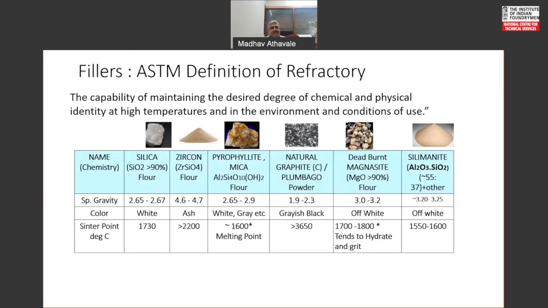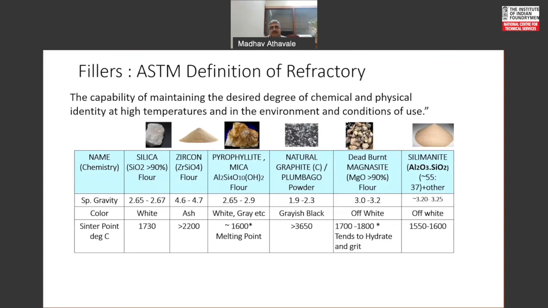Pictures of minerals which get used as fillers. Silica is quite common, especially for iron castings. Zircon, as we saw earlier, we saw it in terms of sand. Now I'm talking about it used as a filler. Then pyrophyllite, mica, these are all varieties of aluminosilicates.